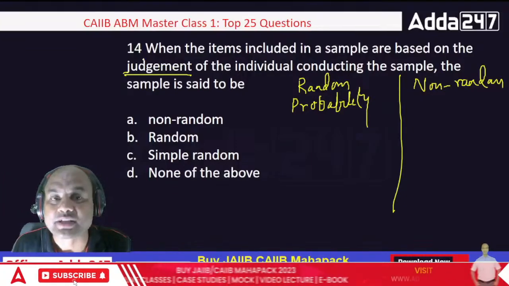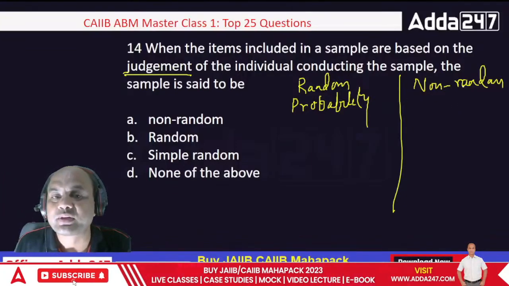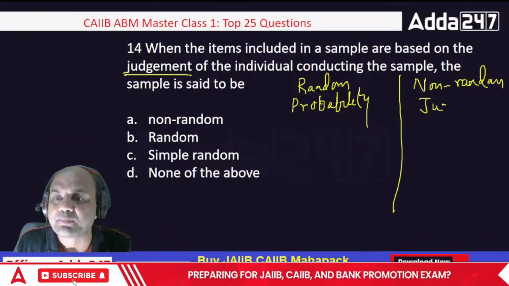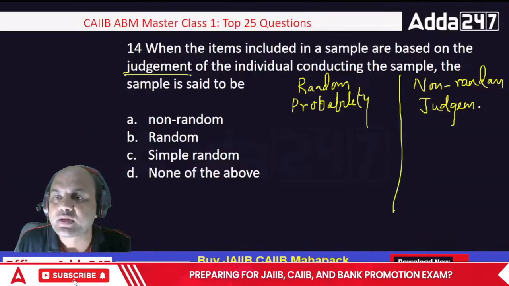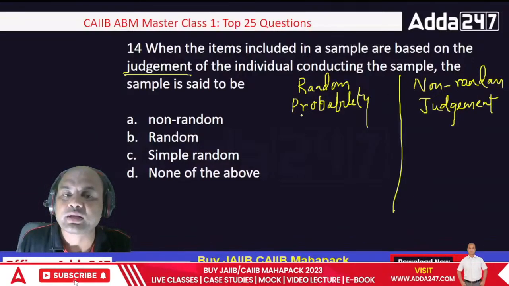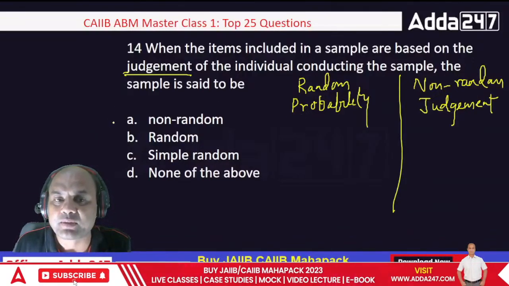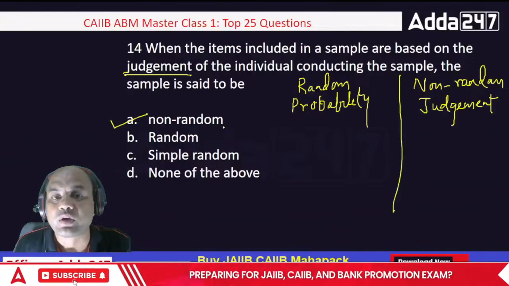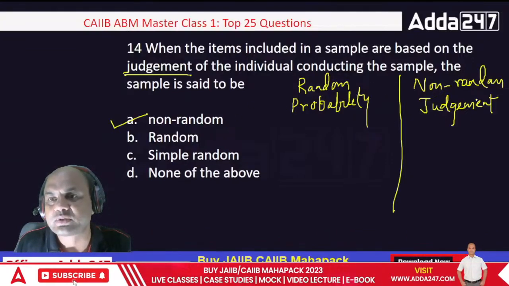So here it is judgmental sampling, and the answer is non-random. Got it, everyone? These two classifications you must always remember.